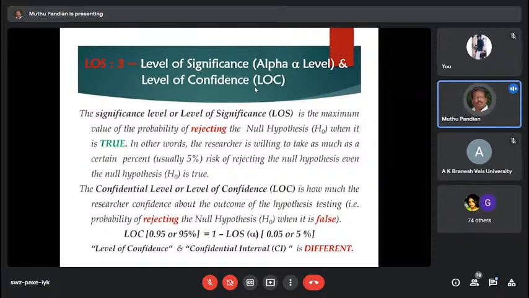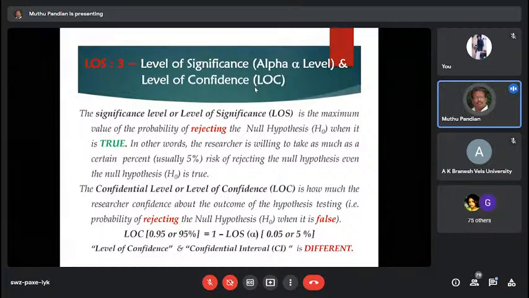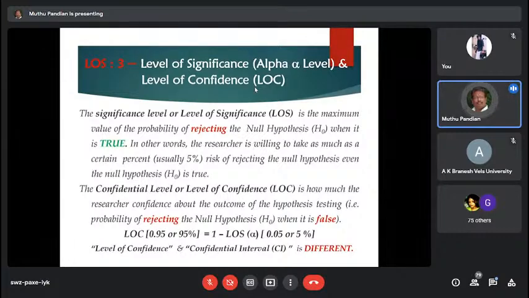So what do the level of significance and level of confidence mean? The level of significance is the maximum probability value of rejecting the null hypothesis. Whenever we do hypothesis testing, the main objective is to reject our null hypothesis.